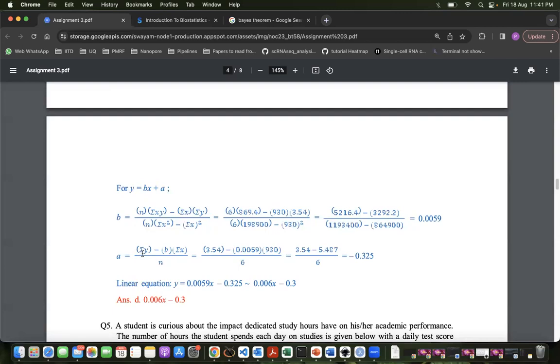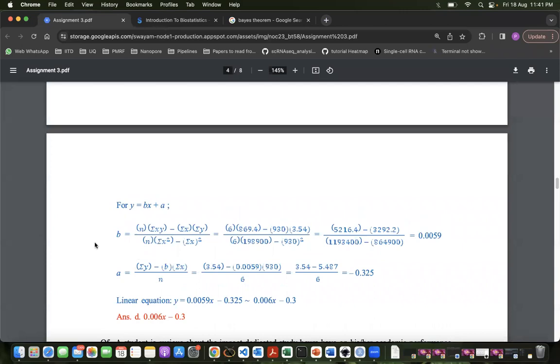It's n here because it's a summation. It has to be the mean, so that's sum of y by n and sum of x by n. Calculating, you get both a and b. So the closest was 0.006 and 0.3. Okay.